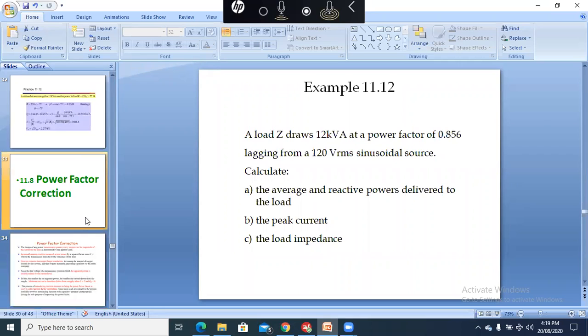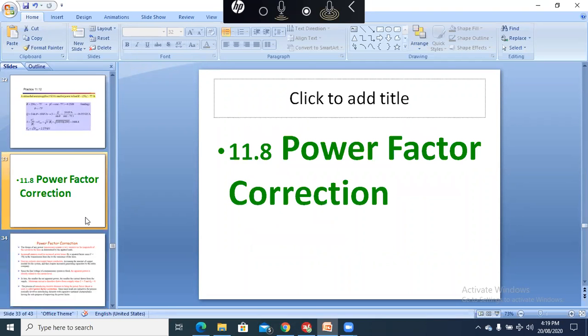Now I just tell you the method of power factor correction. So power factor in fact reflects how much power the load is drawing from the source.